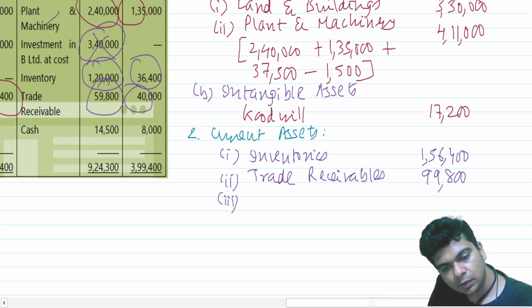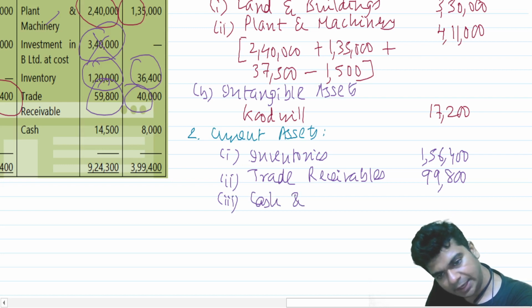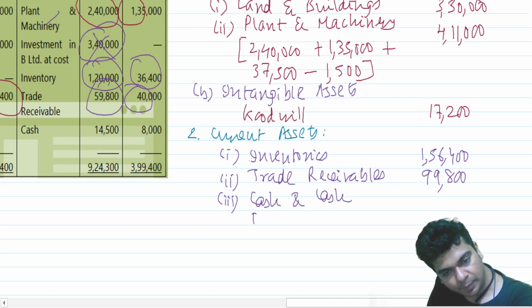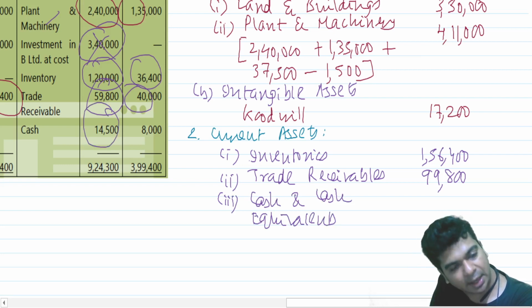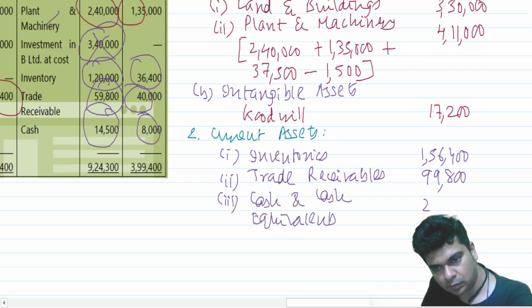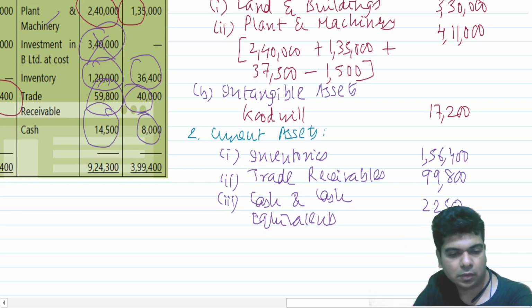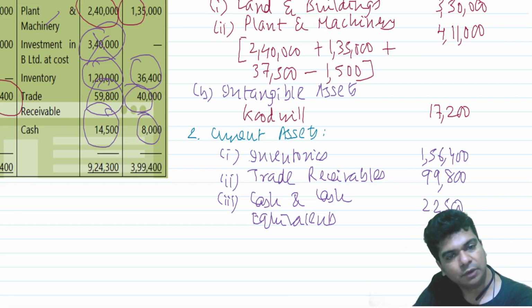And finally, cash and cash equivalents. Again, line by line addition, 22,500.